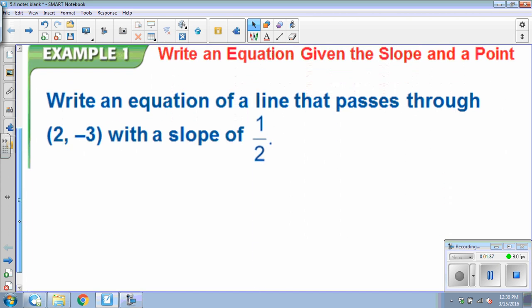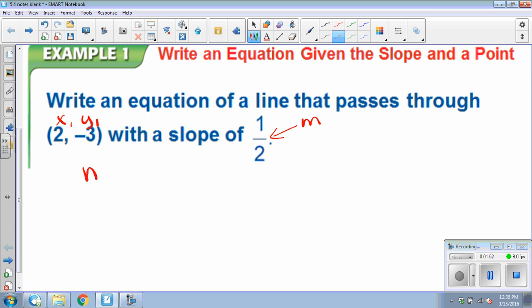So, here's the problem. This is our x1, y1, and this is m. Right? See, this way you only have to remember one formula, slope formula. So, our slope formula is m equals y2 minus y1 over x2 minus x1. We know that already, correct? Yes. Okay. So now, what's m? 1/2. So we substitute that in for m.